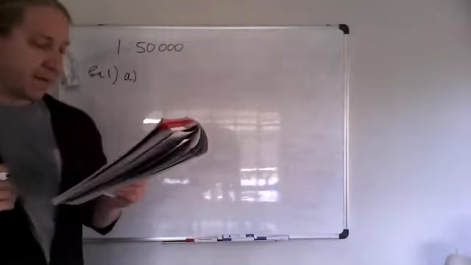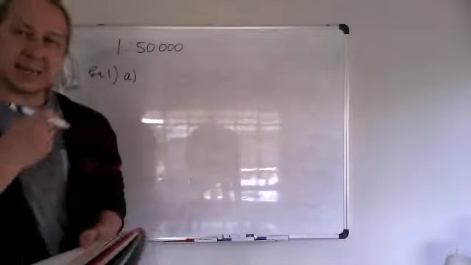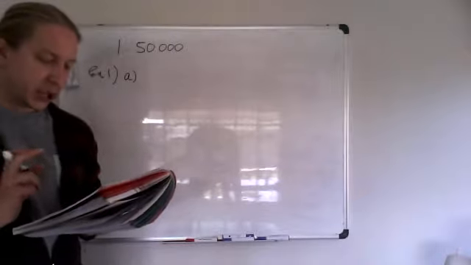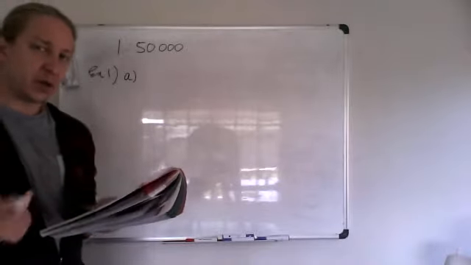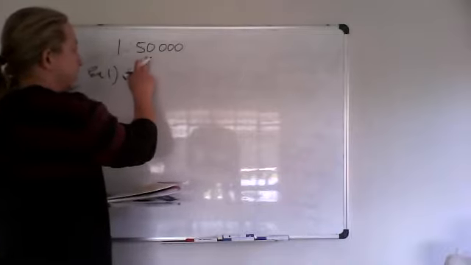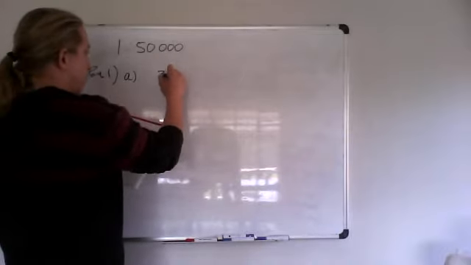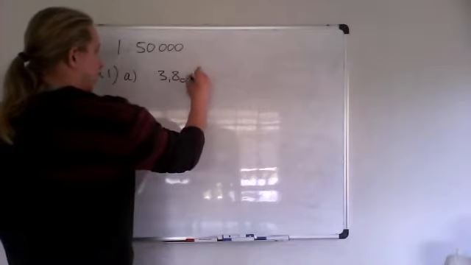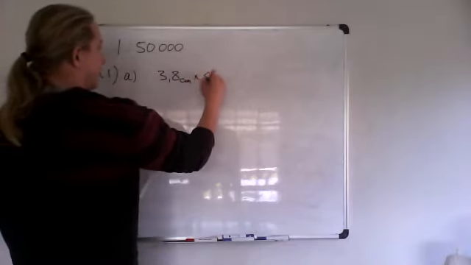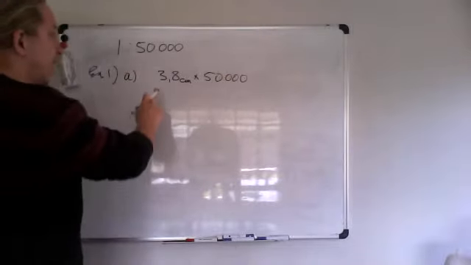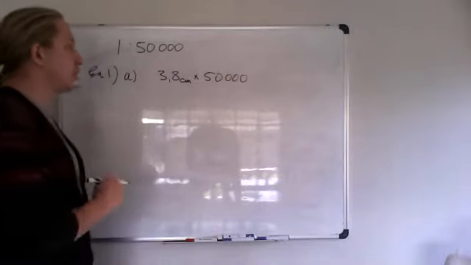We have 3.8 centimeters on the map. How much is that in kilometers on the ground? Well, let's find out how much it is in centimeters first. So 3.8 centimeters multiplied by 50,000 will give us how many centimeters we have on the ground.